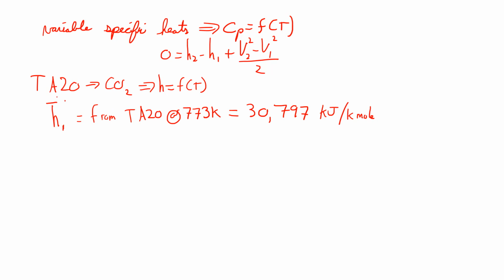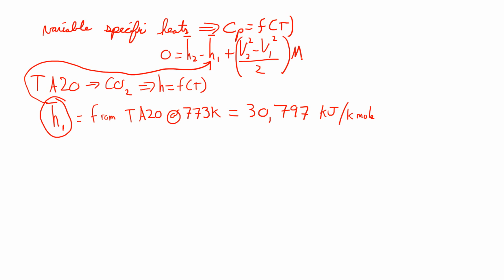Right, so this enthalpy goes into my first law. Now, remember that using the ideal gas table for carbon dioxide, my enthalpies are going to be in molar mass terms, which means that here my kinetic energy, which is in meters squared per second squared, I have to convert into kilojoules per kilogram, and then from kilojoules per kilogram into kilojoules per kilomole.